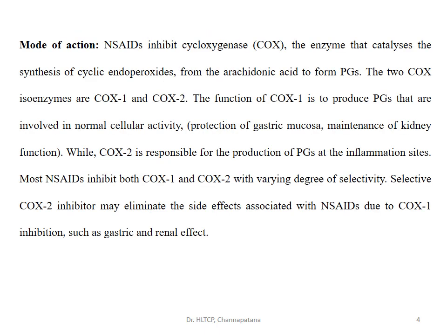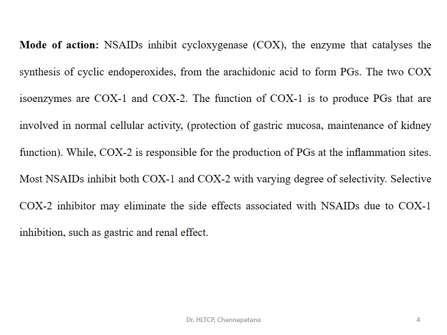If you see the mode of action, as I told, NSAIDs inhibit cyclooxygenase. In the previous slide you have seen the enzyme that catalyzes the synthesis of cyclic endoperoxide from arachidonic acid to form prostaglandins. These two cyclooxygenases, COX-1 and COX-2, are isoenzymes.